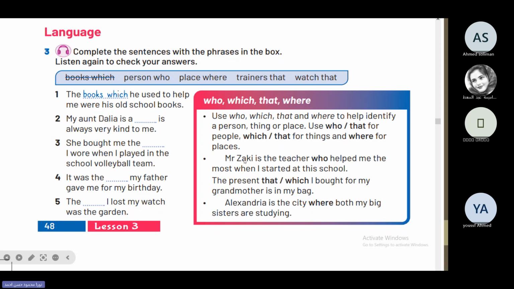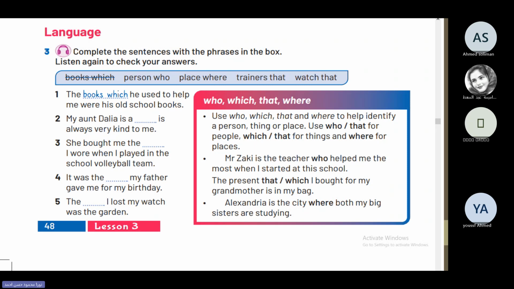Okay, Mr. Zaki is the teacher. Who? If you look here, the teacher, this is a person. So we use the relative pronoun who. Okay, so Mr. Zaki is the teacher who helped me. What about the next example? The present. So the present is a thing, right? So we can use that or which.